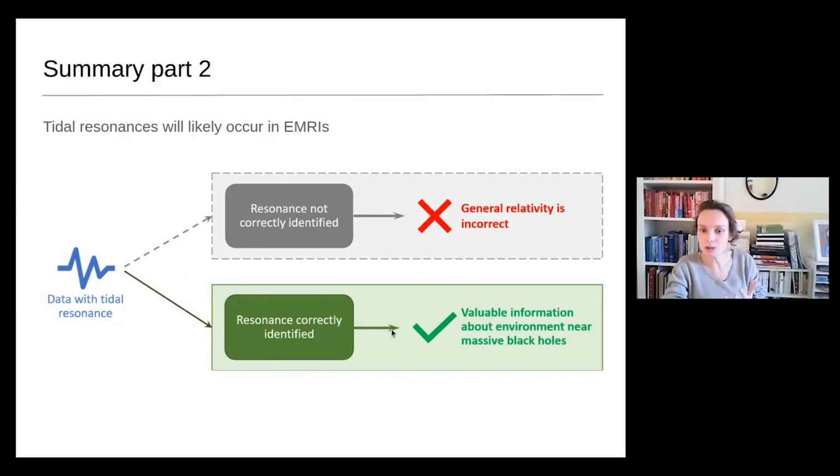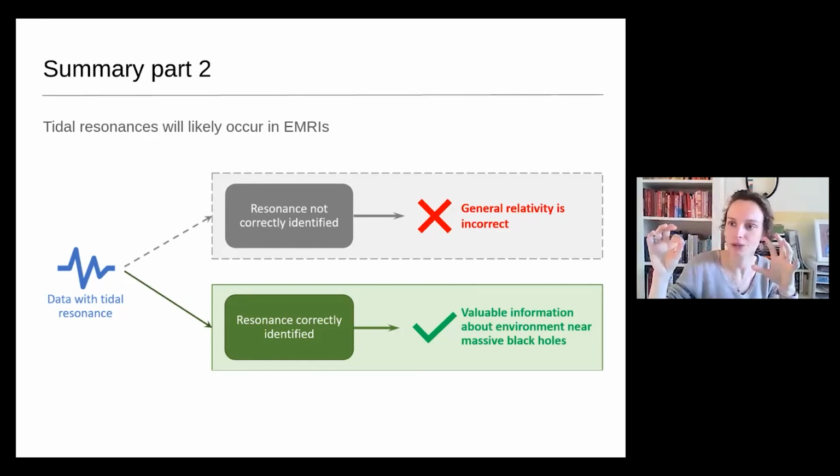And when we do, and actually see these systems, I think it will give us incredibly valuable information about the environment near massive black holes. Because this third perturber is too far to be observed with gravitational waves. It's not in the LISA band itself. We're most likely not going to see it with any electromagnetic observations either.